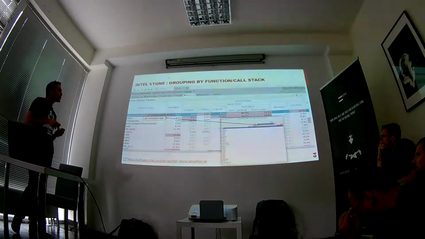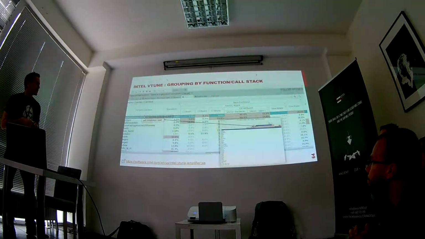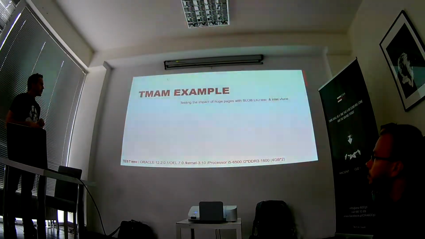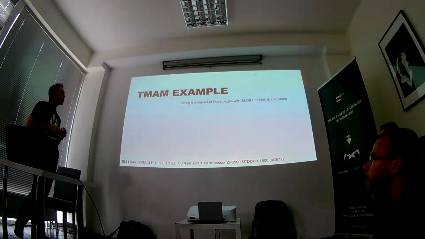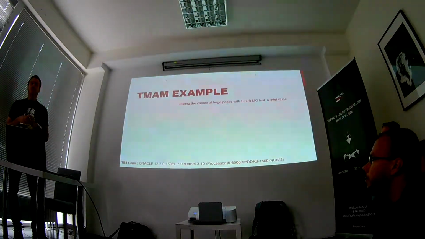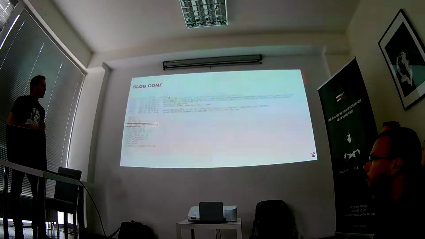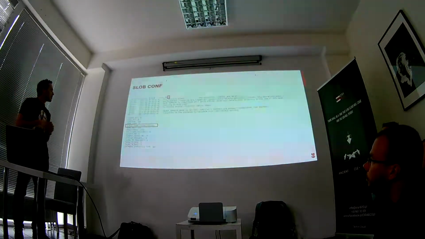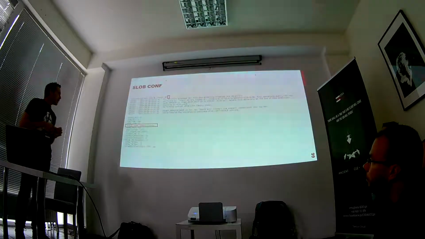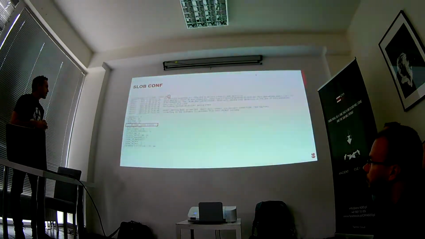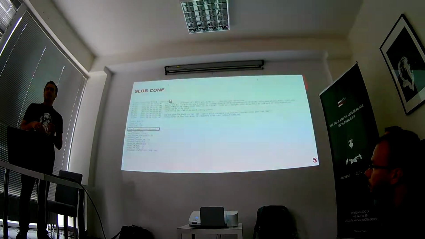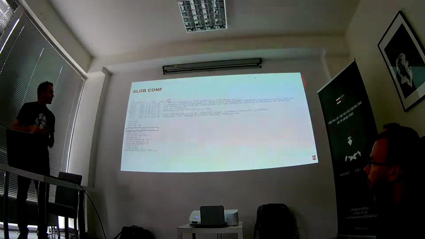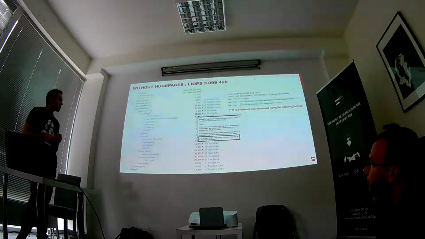So let's see more examples to understand this method better. Here I'm going to analyze a CPU or memory-intensive workload generated using the SLOB tool. Here is an extract of my SLOB configuration. I'm playing with only a small working data set, about 1,500 megabytes, with only 3 SLOB sessions.